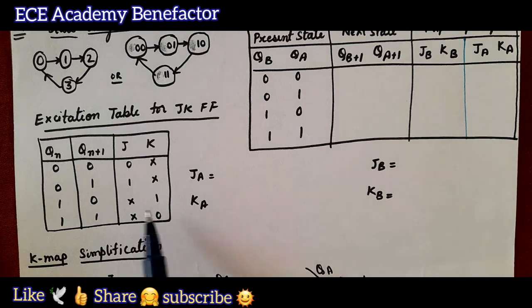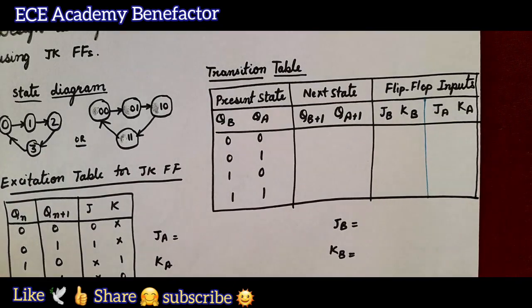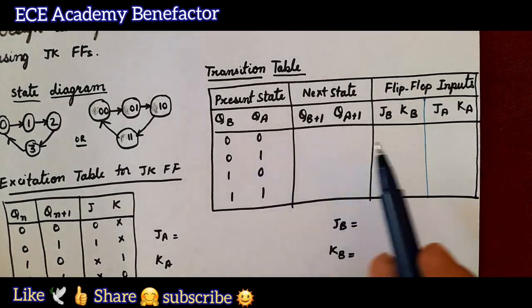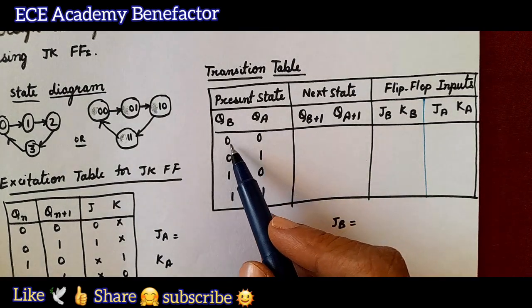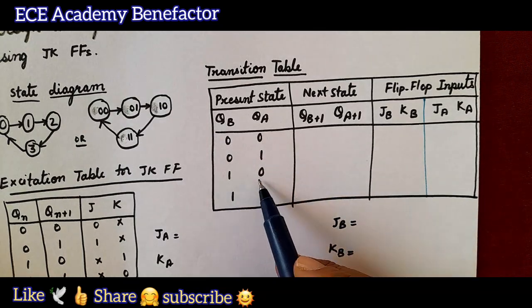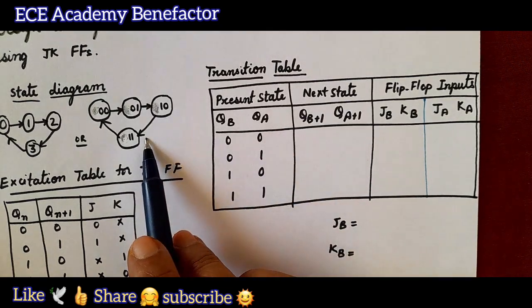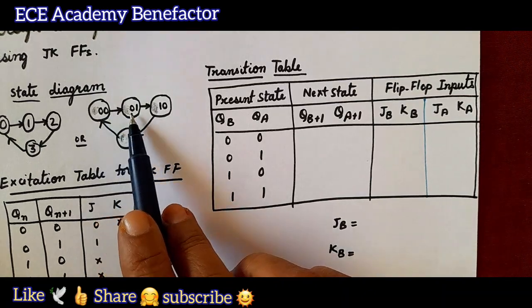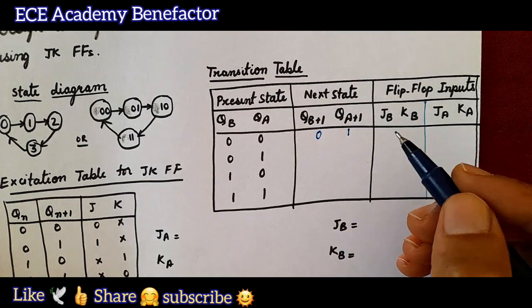So let us quickly refer to this excitation table to fill this transition table. The present state is written as 00, 01, 10, 11. What is the next state of 00? Based on the state diagram we need to write. After 00, what is the next state? 01, so we write 01 here.